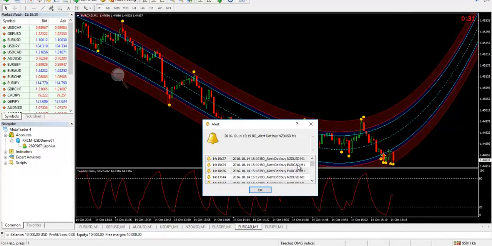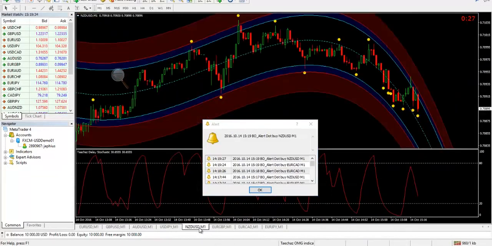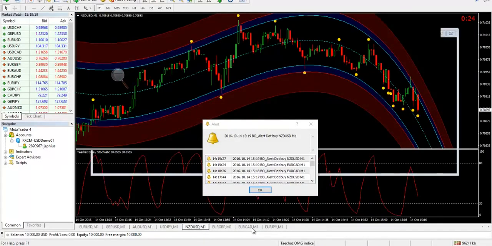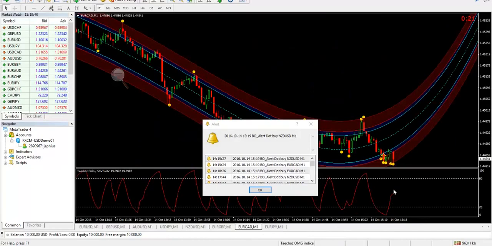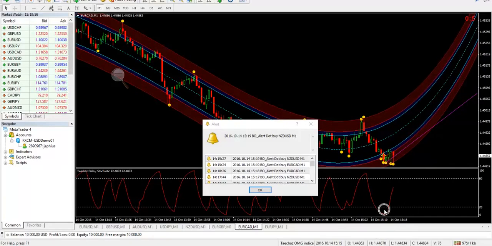New Zealand, and also okay. This one is showing that it's also an uptrend. The one we are losing right now, it's showing that it's going up, and it has gone out of the 20 line.